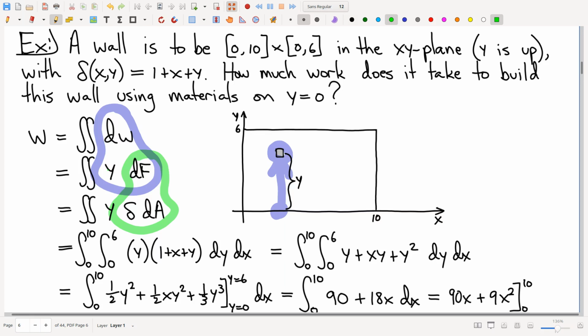Weight is a force, not to be confused with mass, which you have to multiply by acceleration to get force. We don't need to deal with that. We're just going to go straight in terms of pounds per unit area times area to give me pounds. All forces.